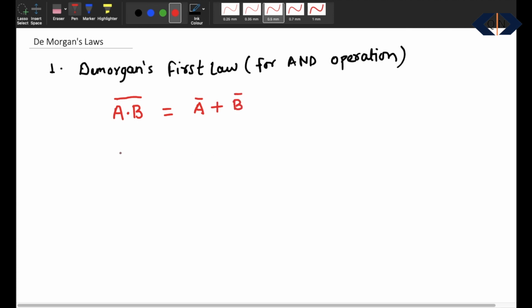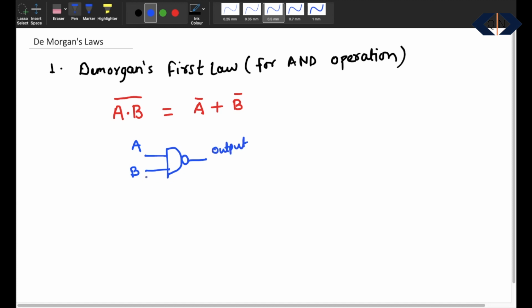So if we make a circuit diagram for this, what does it basically mean to say? It is saying that if we have two inputs connected to an AND gate, suppose this is A, this is B, so its NOT will be our output.